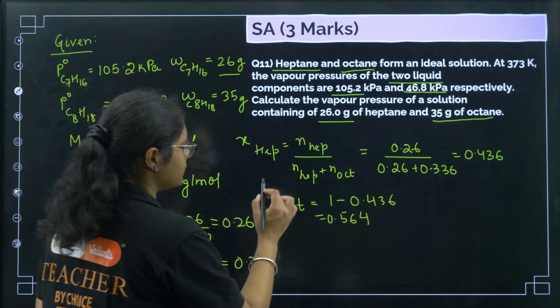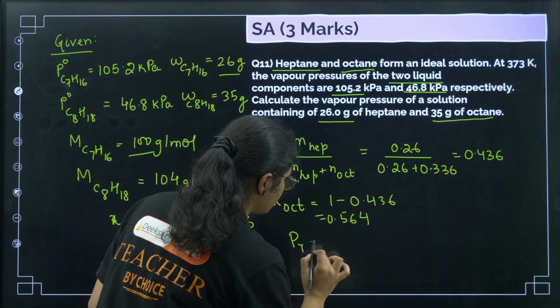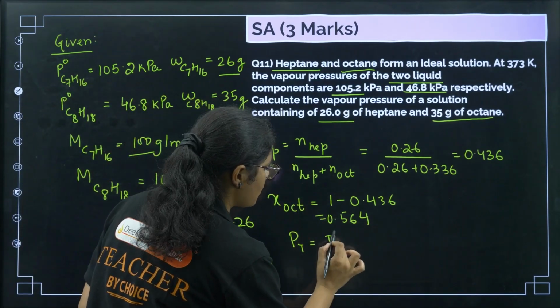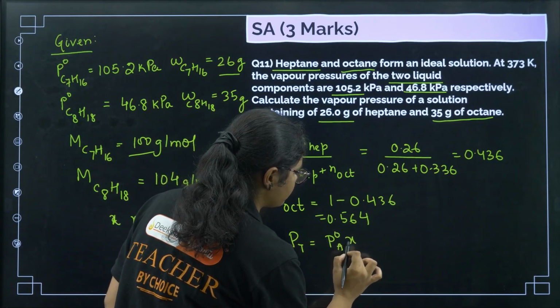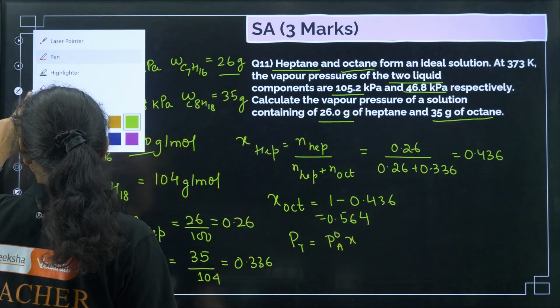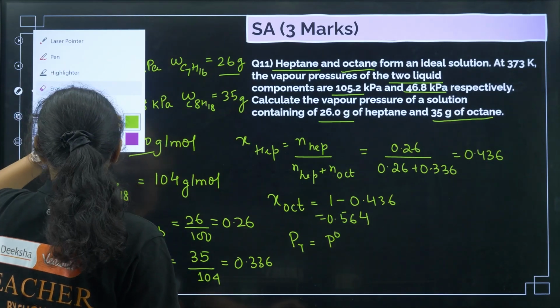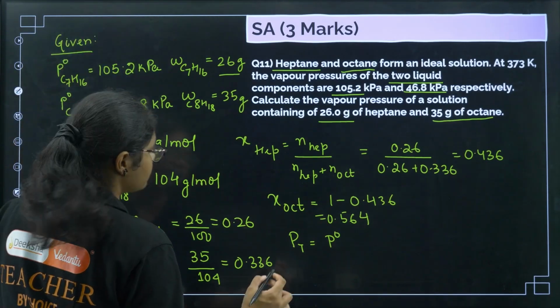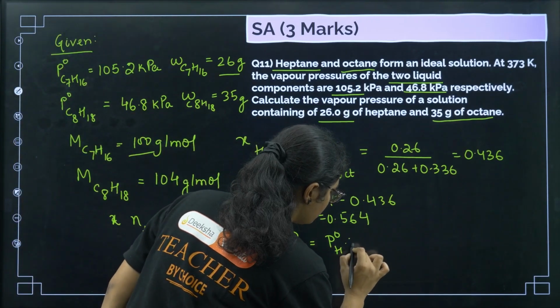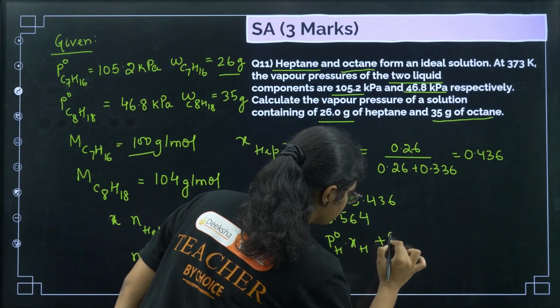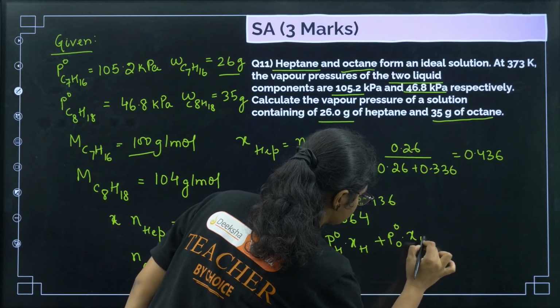Now you need to calculate P total. P total will be equal to P naught of heptane into mole fraction of heptane plus P naught of octane into mole fraction of octane.